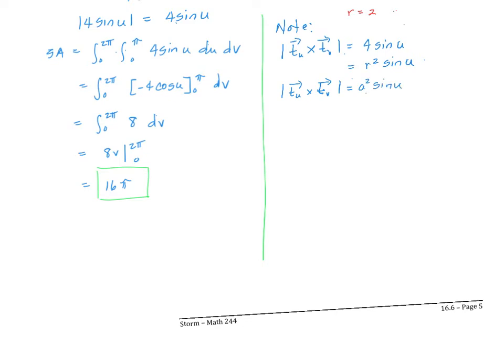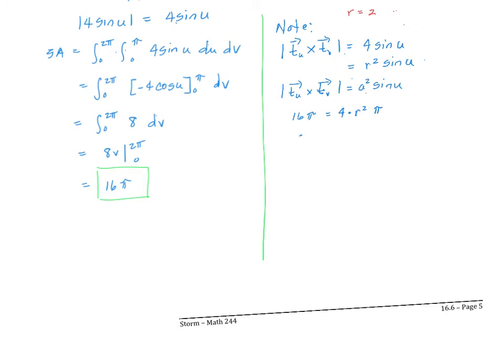So you can just use that since we already showed it. So for any sphere of radius a. And then notice also that 16 pi is equal to 4 times r squared pi.